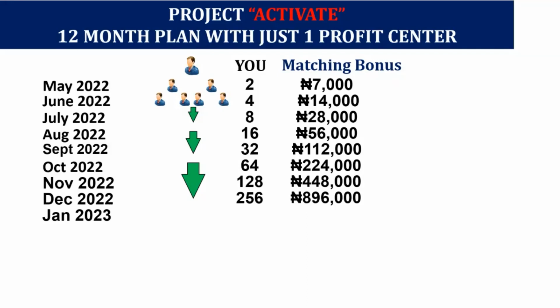It means that every single person who connected started with a single profit center, just one, from May till December, which is practically impossible. But for the sake of demonstration, let's leave it at one so that you can understand the minimum that can happen and you can begin to extrapolate. You can begin to multiply by the number of times you want to earn.